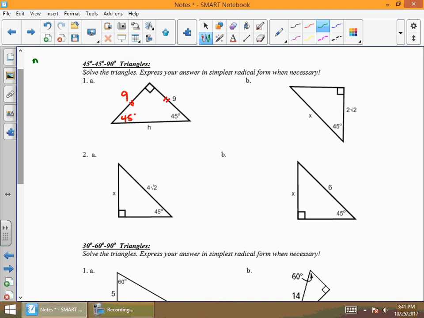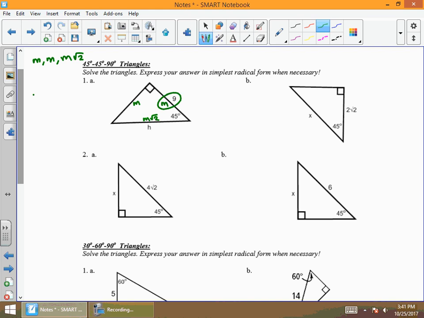I call it m, m, m radical 2. So I will label my legs m, and m radical 2.